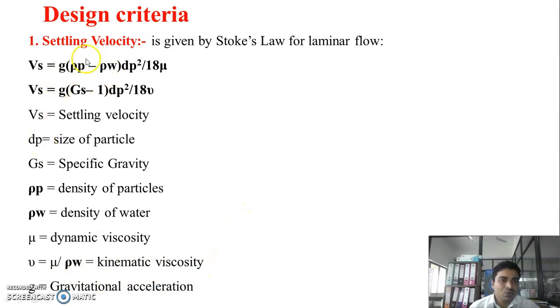So by using these two equations we can easily calculate the settling velocity.